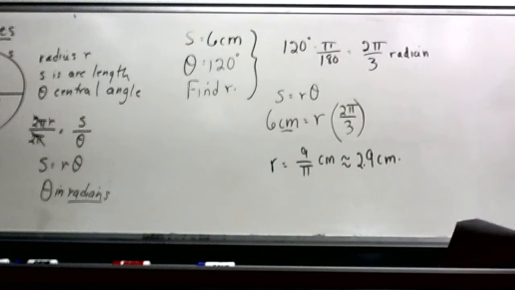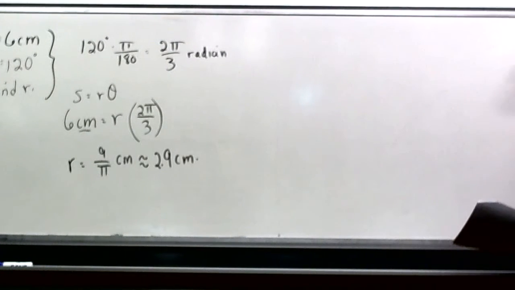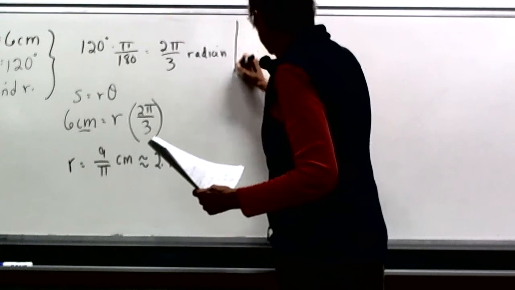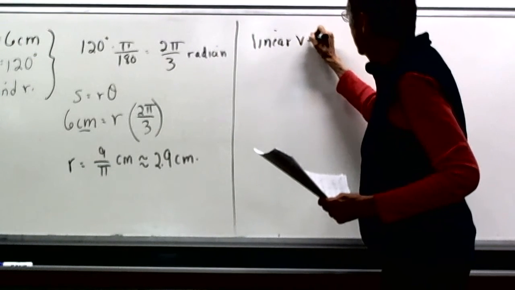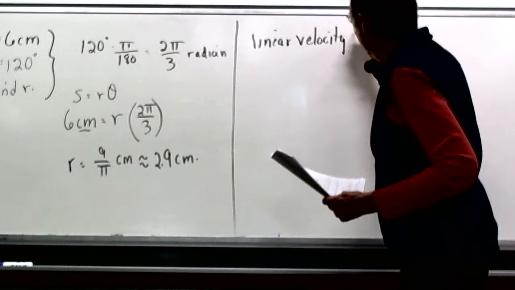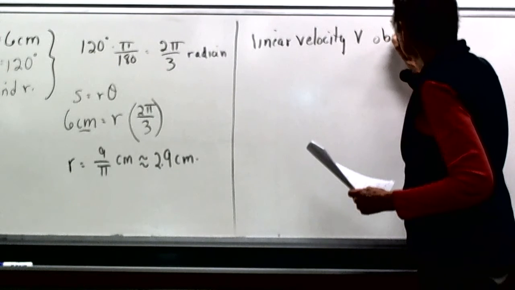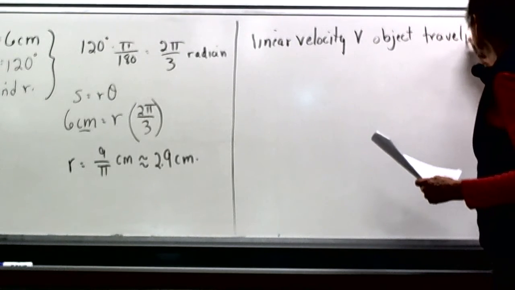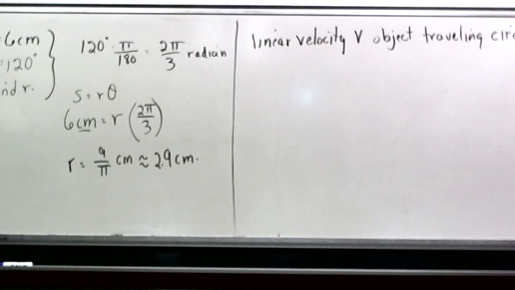Another formula that is derived from that is called the linear velocity. And we're talking about the linear velocity of an object that is going around in a circle. We'll use the letter v for that, for an object traveling in a circle at a constant rate of speed.